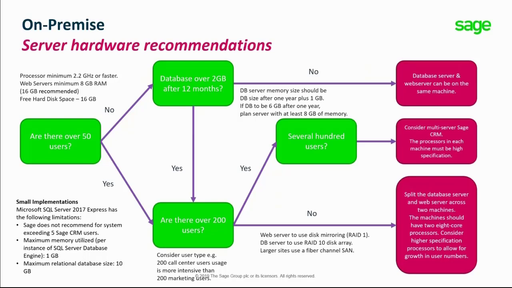The hardware requirements as displayed can be applied to both on-prem and on-cloud deployment, but the translation of actual physical core to a vCore has to be reassessed. Sage CRM supports single server and multi-server installations, depending on the number of users and the data growth.